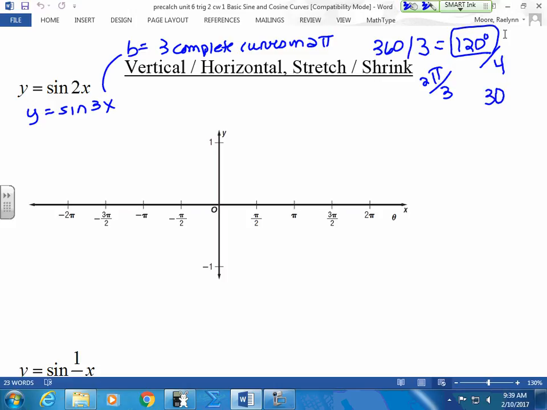Every 30 degrees. So look, this is 90. How many 30s are in 90? 3. So we're going to put 2 here. Because isn't this 30, 60, 90? We're going to put 2 here. 2 here. 2 here. Now, just give me 1 second. So we're 0, 1, 0, negative 1, 0.